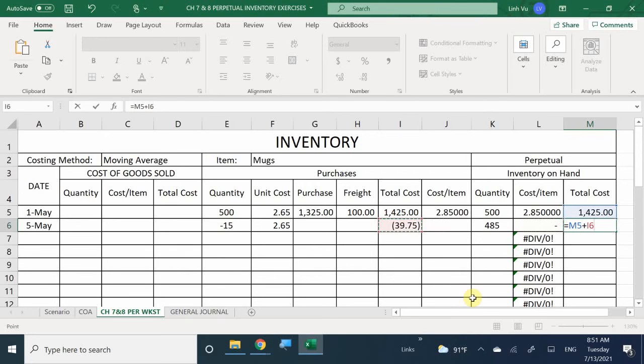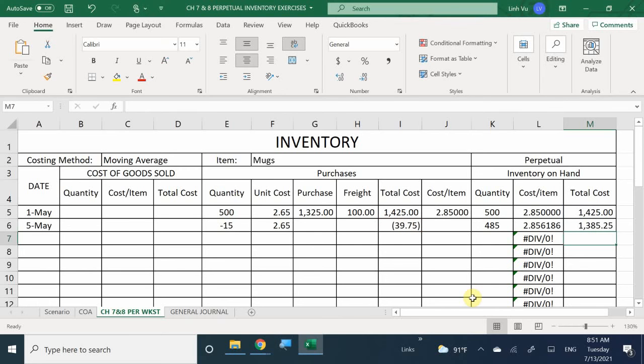So what should be my new total cost? 1,385.25. Yes, we're subtracting it. On my page, I'm adding it because it's a negative number. Okay, so there you go.